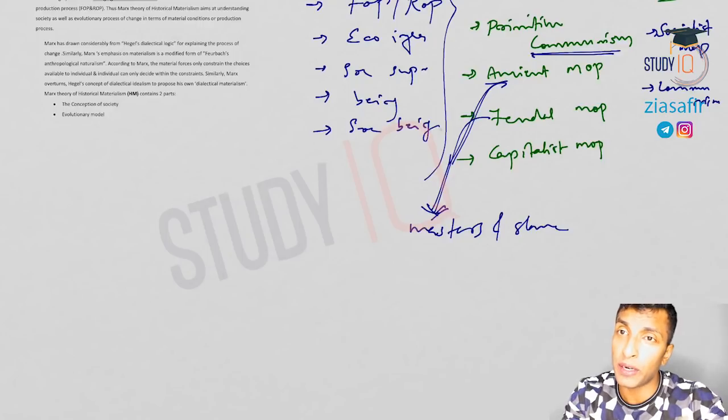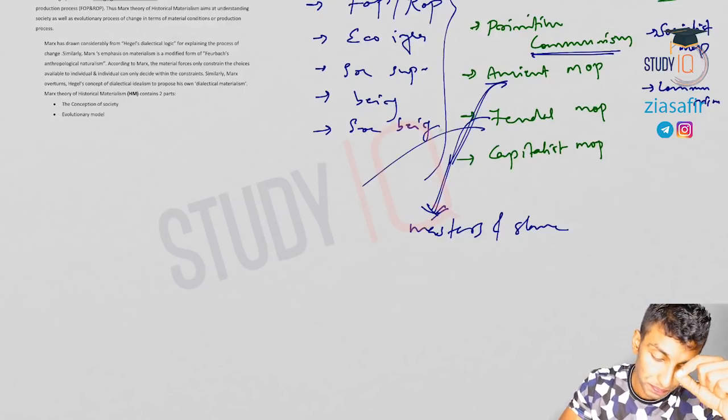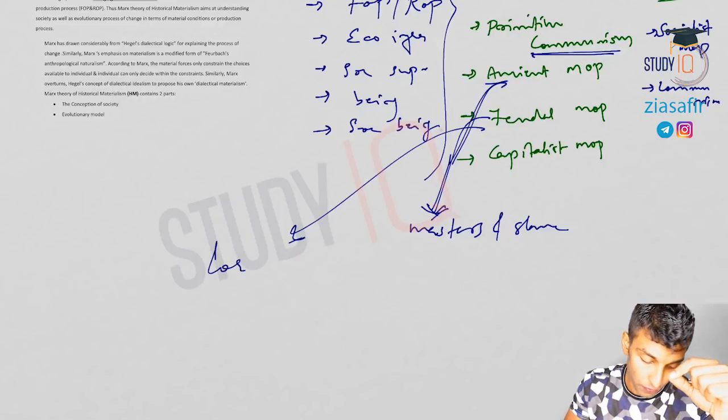But what will happen is the land does not belong to them, and they need some protection also. Whatever they produce, they need protection. So even though they started producing themselves, they are still dependent on the other section in terms of land and protection. So this stage is known as feudal mode of production, which is based on feudal lords and serf relation.